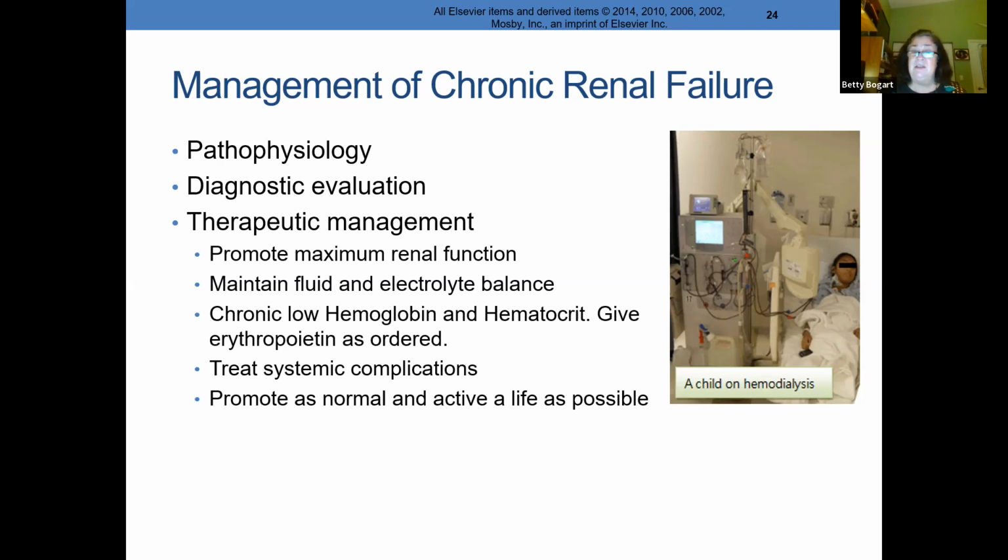One of the medications that we can use to prevent an overuse of transfusions is erythropoietin, because it makes the body make its own red blood cells. If we can decrease them having a blood transfusion and everything that goes with that, it's a great choice. And with any child with any illness of any type, we always try to give them as normal, active a life as they possibly can. Because remember, they're still a kid. They still need to be a child.